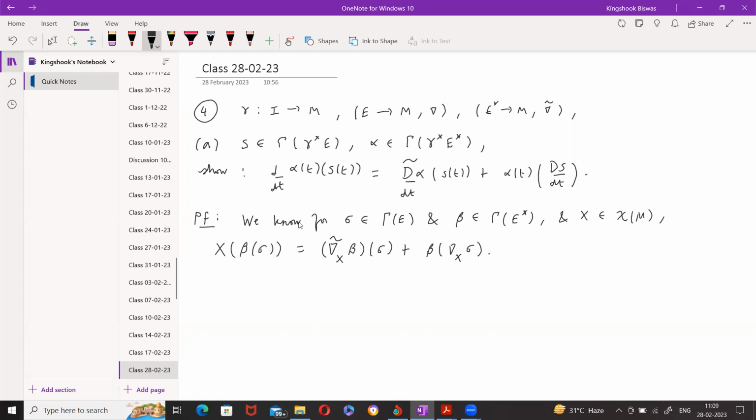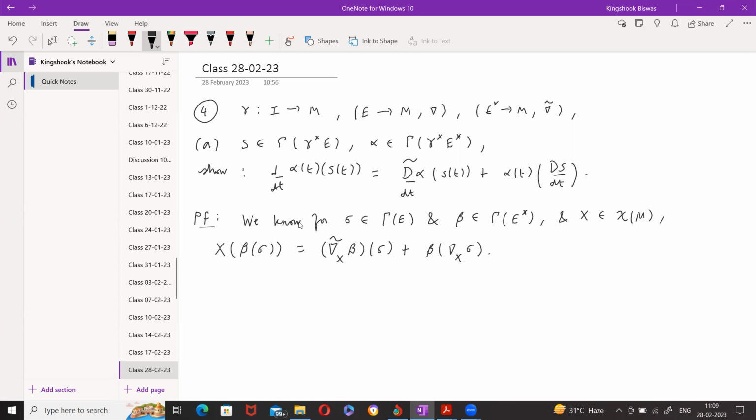Now, you want to use this to prove this equation here involving covariant derivative along curves. What some people wrote is that, given a point gamma t along the curve, you can choose a vector field near that point whose value at gamma t is equal to gamma prime t. And then you simply apply this equation and you'll get this.